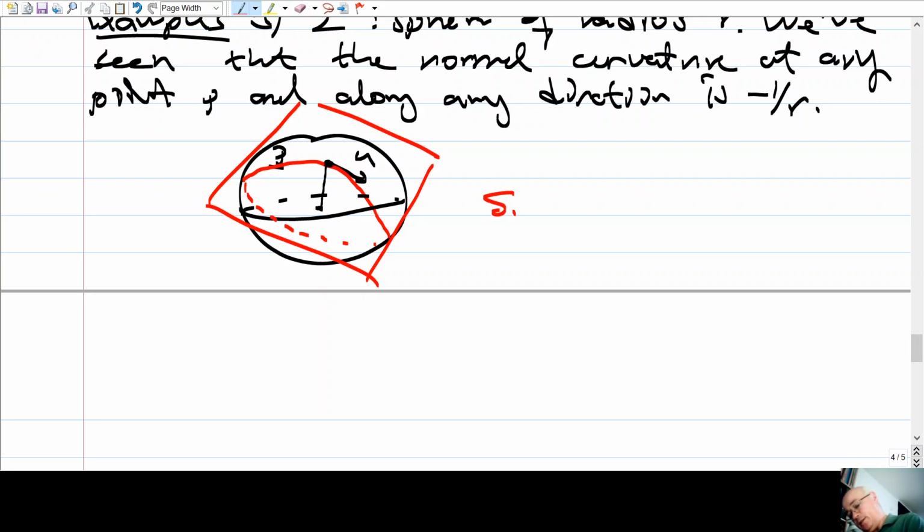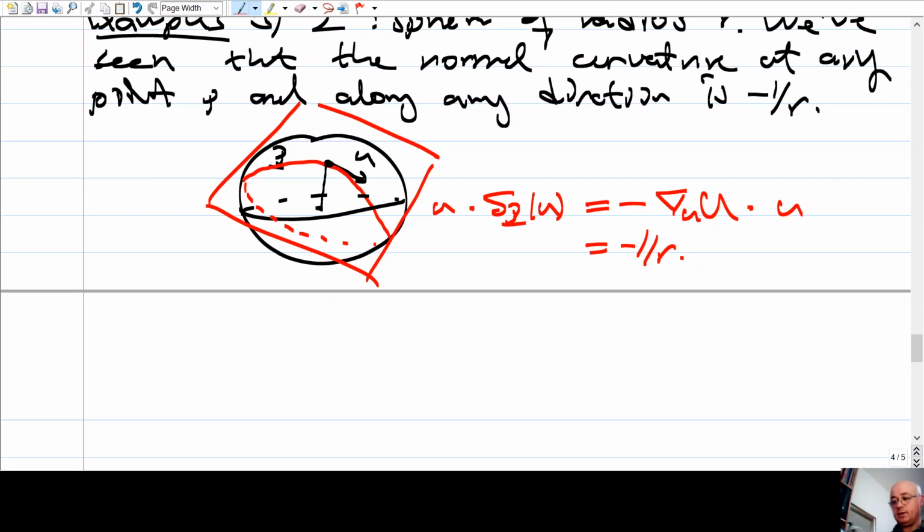So the shape operator was minus, at any point u, this. So this quantity is 1 over r. You take also the dot product with u, but since we have the minus sign, it becomes minus 1 over r. All right.